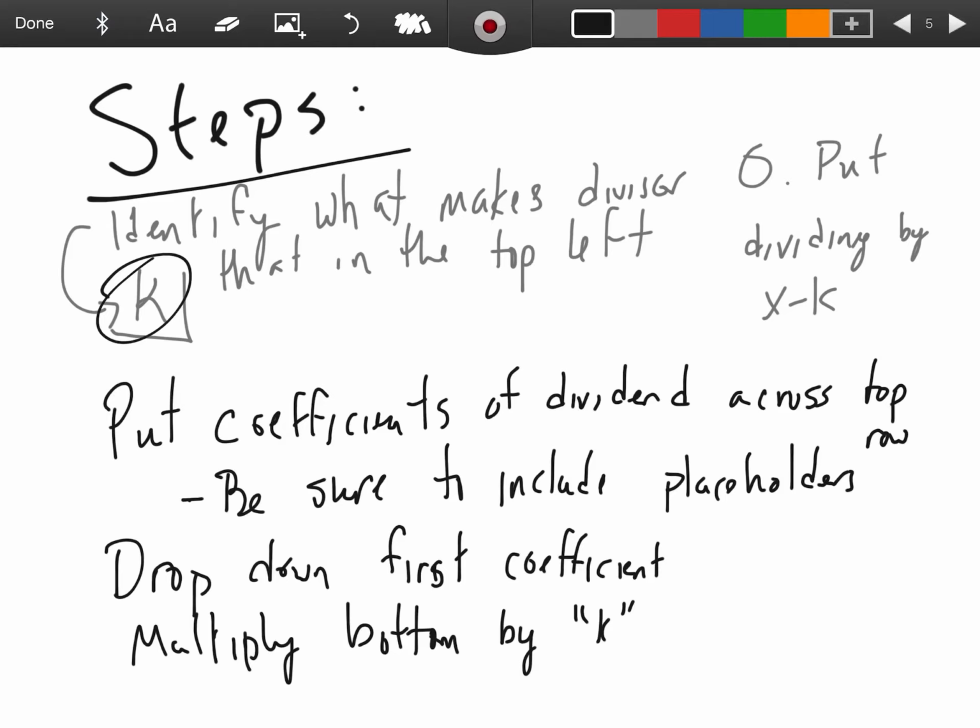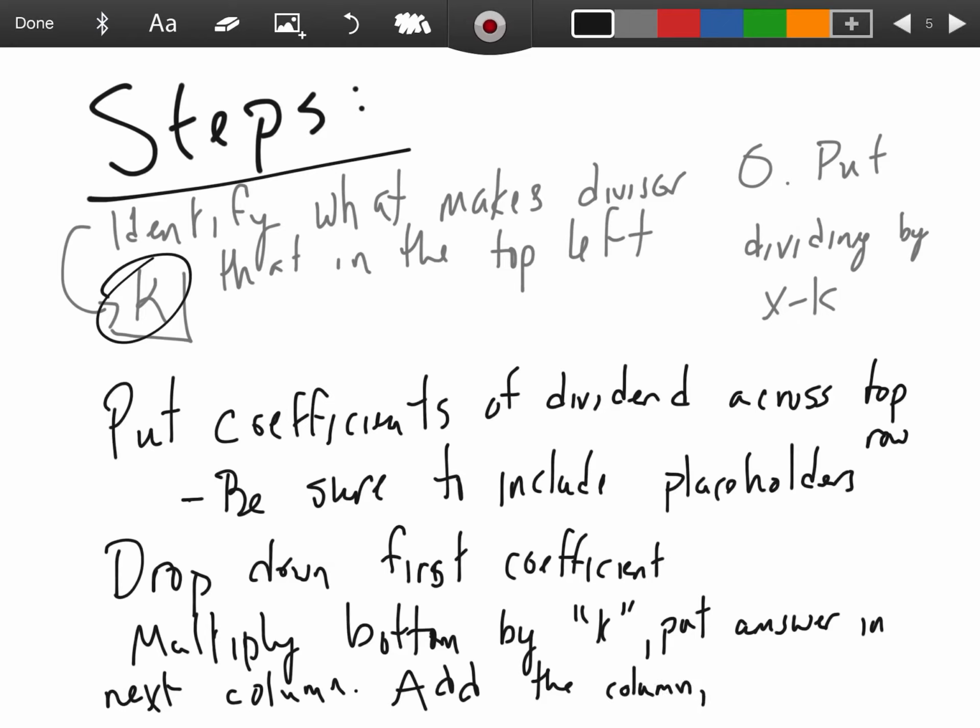Multiply the bottom by k, put the answer in the next column. Add the column and then repeat for the rest of it.